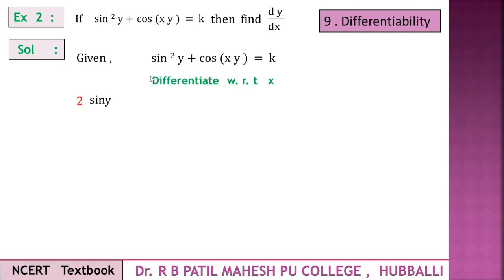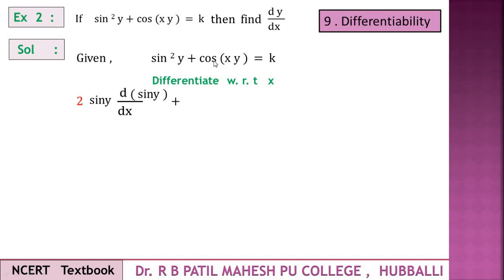After that, the derivative of the function, that is sine y. Using the function raised to n formula, 2 sine y into d by dx of sine y function, plus cos of xy. It is also a composite function, because it is not cos x, it is cos of xy.